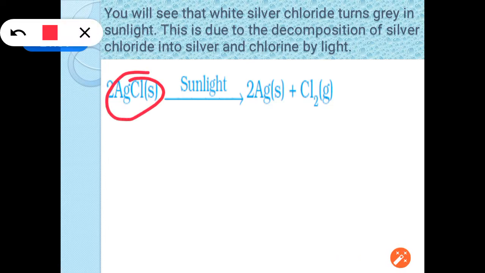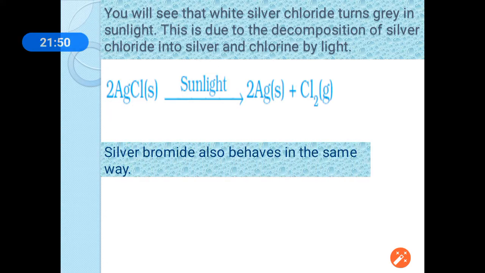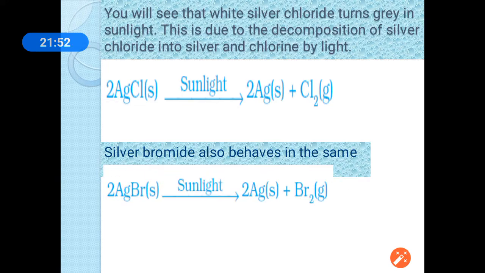Silver chloride decomposes in the presence of sunlight, giving silver and chlorine. So this is due to the decomposition of silver chloride into silver and chlorine by light. Another example we can take is silver bromide. In the same way, that will give silver and bromine gas.